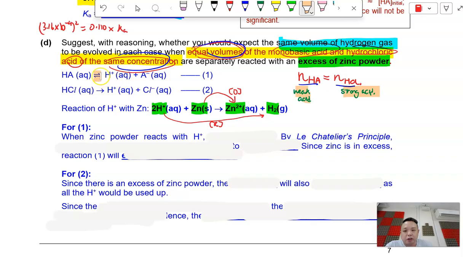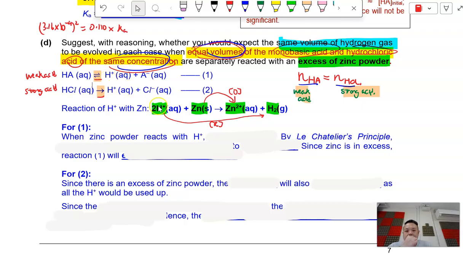A weak acid dissociates partially, whereas a strong acid dissociates completely, as you can see from the arrow. So naturally, you may have the misconception that H plus for the weak acid will be lower. True enough, the concentration of H plus will be lower for a weak acid compared to a strong acid, because HA only undergoes partial dissociation.